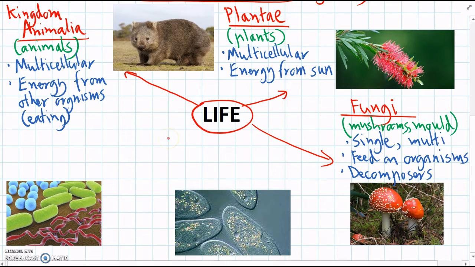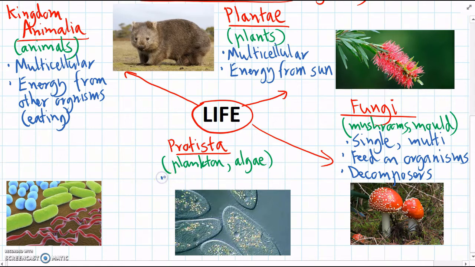The fourth kingdom we'll look at is called kingdom Protista, or the protists for short. And these are things like plankton in the ocean and algae that live in the ocean and in lakes and rivers as well.